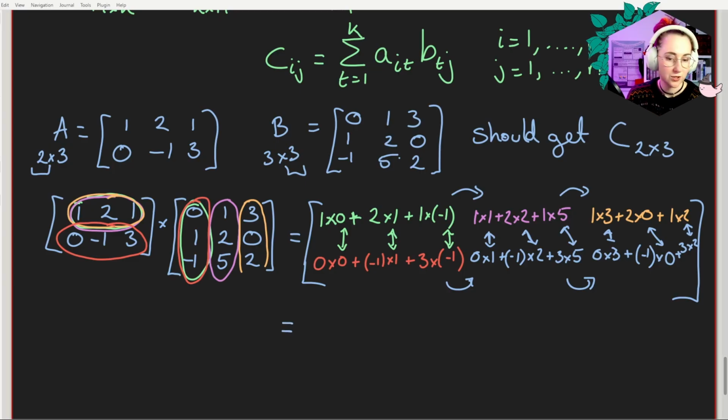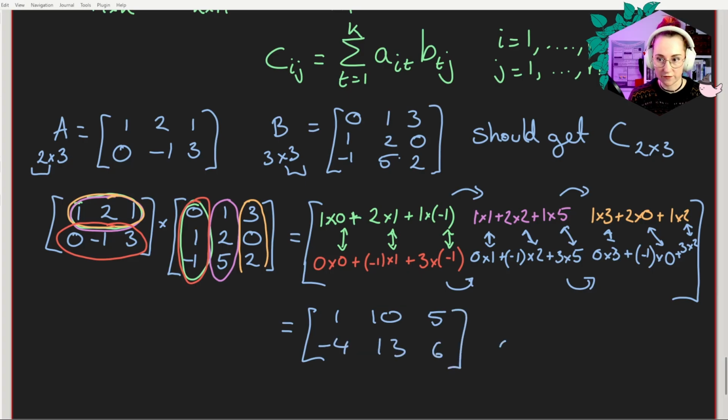Assuming that that is all good, we then just solve that, and that should give us 1, 10, 5, -4, 13, 6, which is in fact a 2 by 3 matrix. Ta-da! So that's matrix multiplication.